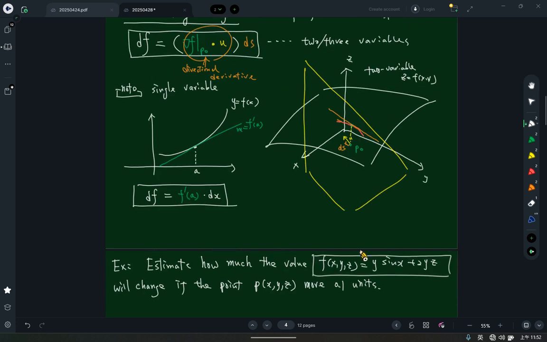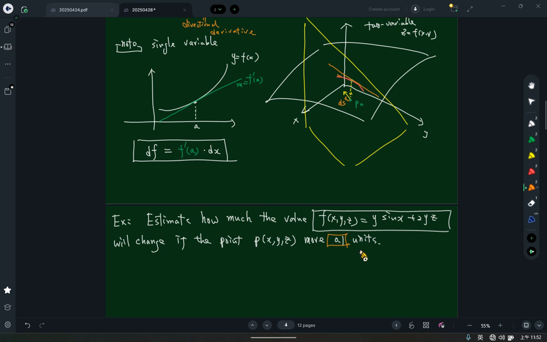And move 0.1 unit from P0 (0, 1, 0) straight toward P1 (2, 2, -2).